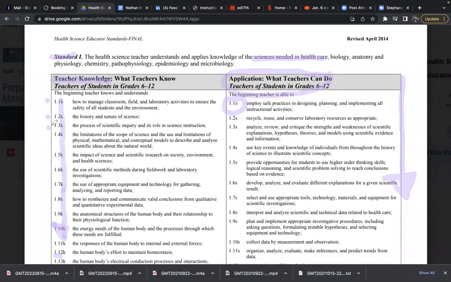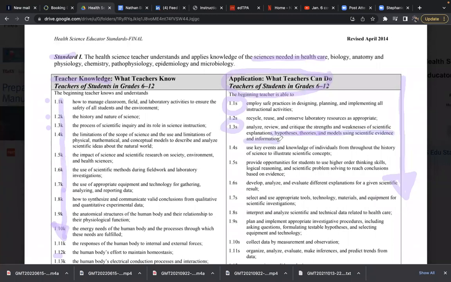So that's you knowing it, and you being able to analyze, review, and critique strengths and weaknesses of scientific explanations, hypotheses, theories, and models. You have to be able to use it.